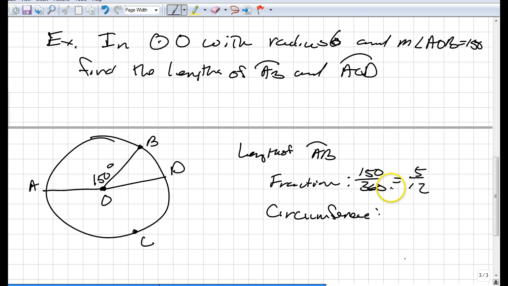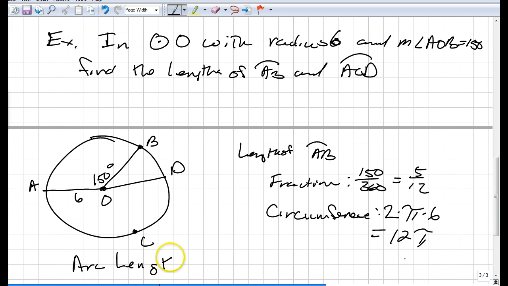So that's 2 pi r, and we're told that the radius is 6. So 2 times pi times 6, or 12 pi. And so then the arc length of arc AB will be 5 over 12 times 12 pi, which gives us 5 pi.